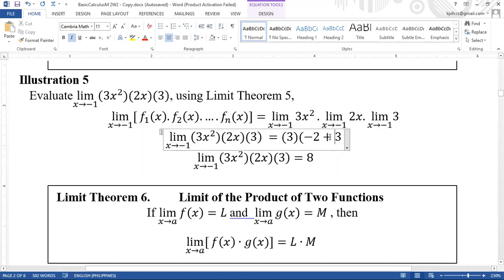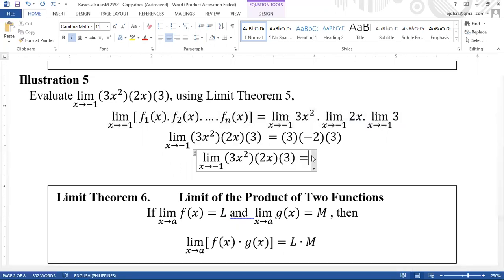So next is what? Negative 3? Ah, just 3. It's a constant. So 3 times negative 2 is negative 6.